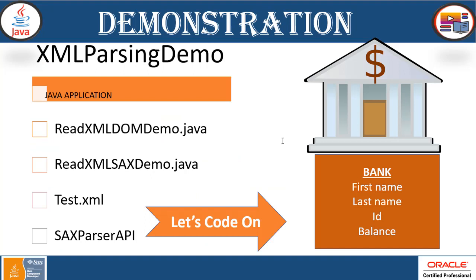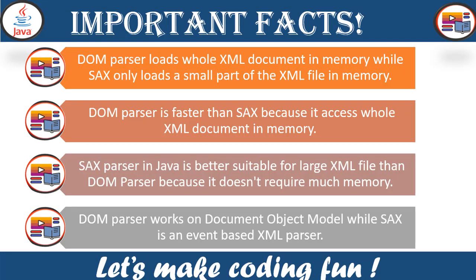So we have seen the live demonstration of XML parsing and using SAX and DOM API. Important facts: DOM parser loads the whole XML document in memory, while SAX only loads a small part of the XML file in memory.